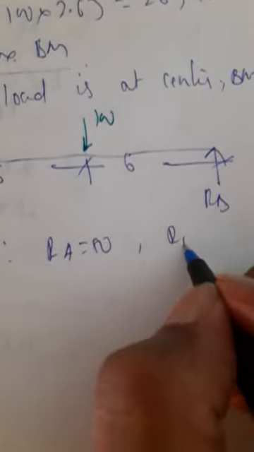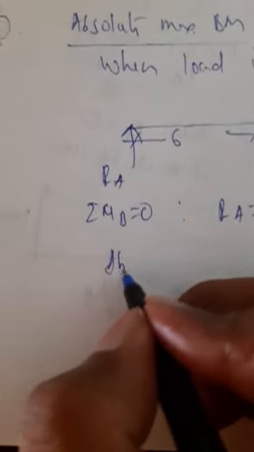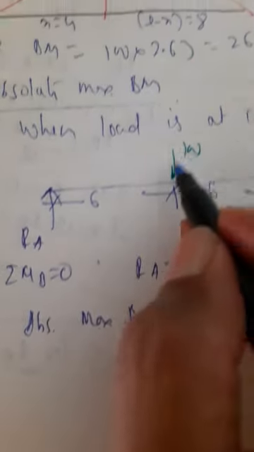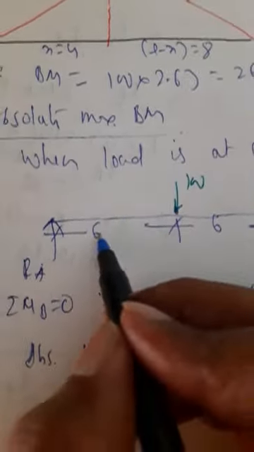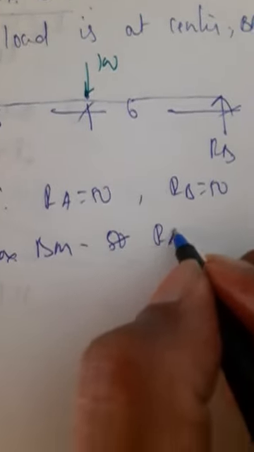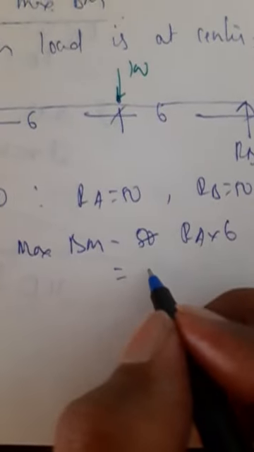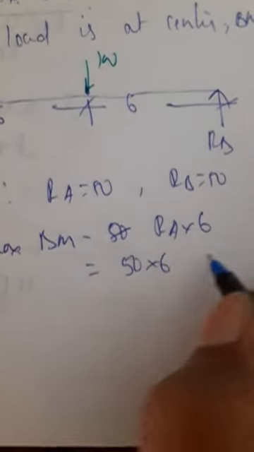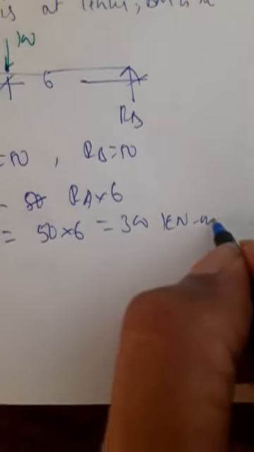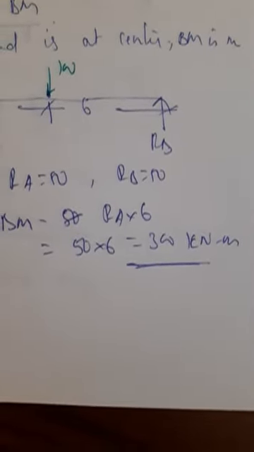Similarly, RB is equal to 50. Now, absolute maximum bending moment is bending moment at this section, RA into 6. So RA is 50 into 6, that is 300 kilonewton meters. This is absolute maximum bending moment. This completes the single point load problem. Thank you.